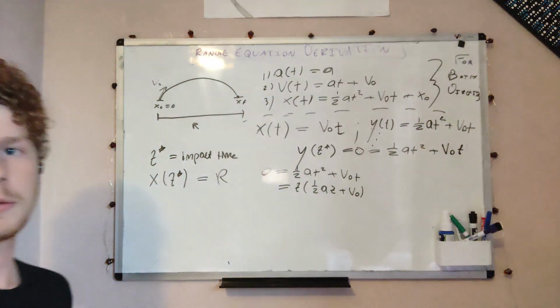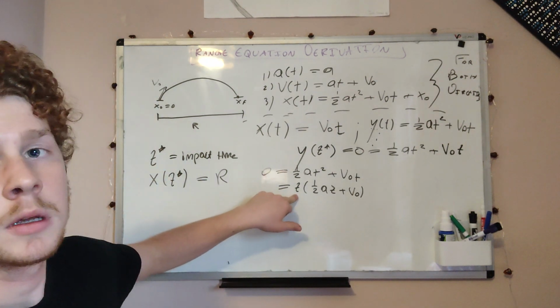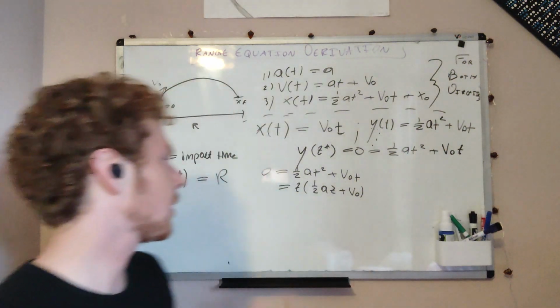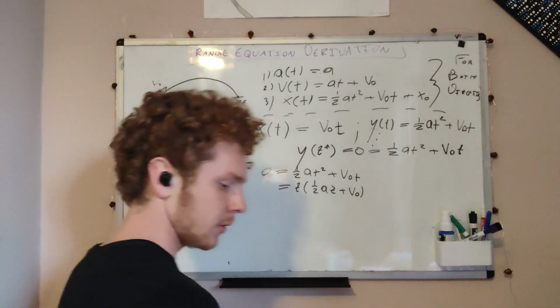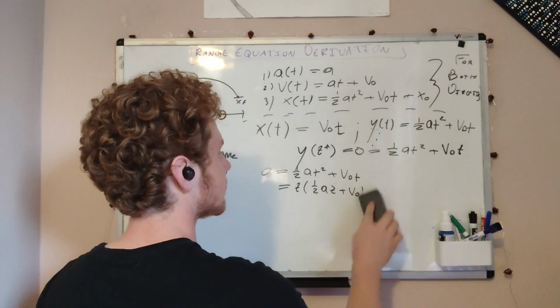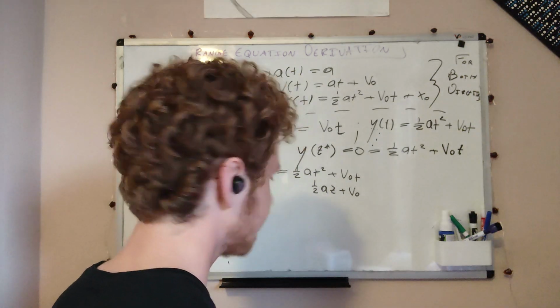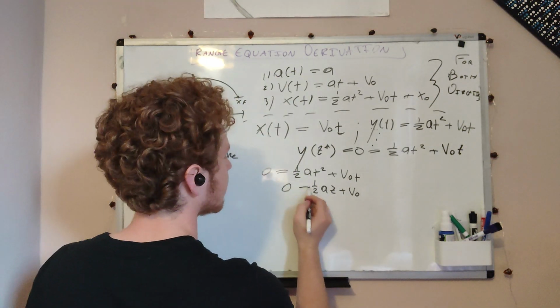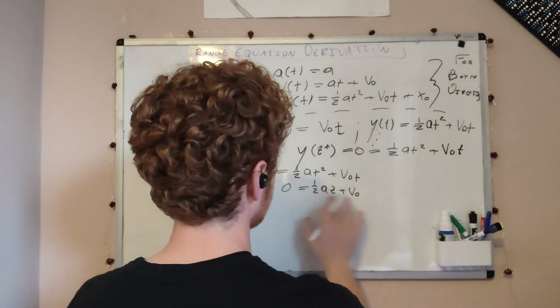We're left with this, and of course, by solving it, you know that this whole expression is 0 at t equals 0, but we already knew that because it starts at 0. So that's not necessarily what we want to find. We want to find the second time. What's the second time that this is 0? What is t in terms of these other variables?